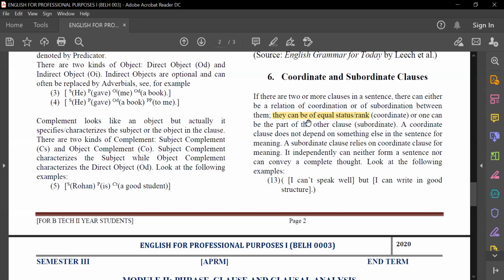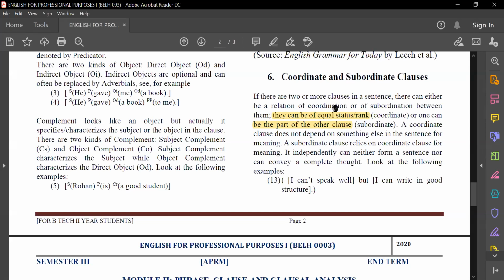So there is a dependency when we have two clauses working together. That is how subordination and coordination can be understood. Now, this is further explained by saying that a coordinate clause does not depend on something else in the sentence, whereas a subordinate clause relies on a coordinate clause for meaning.